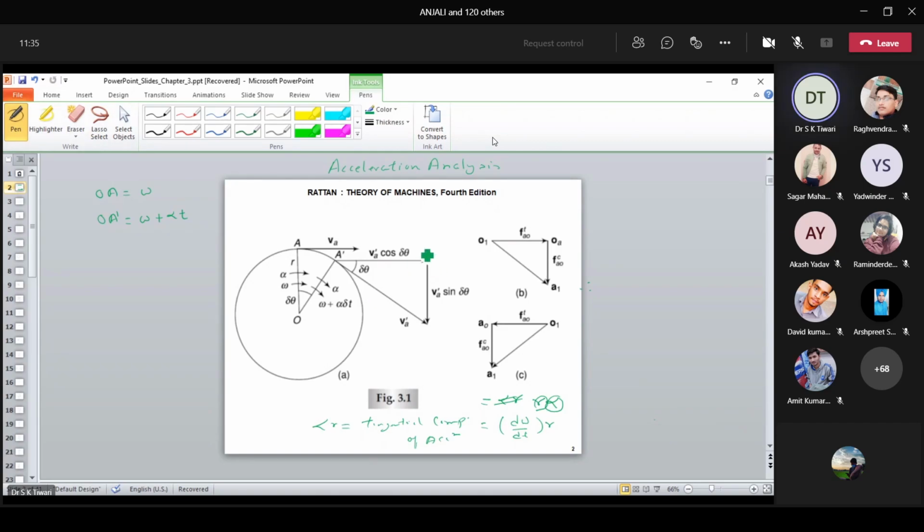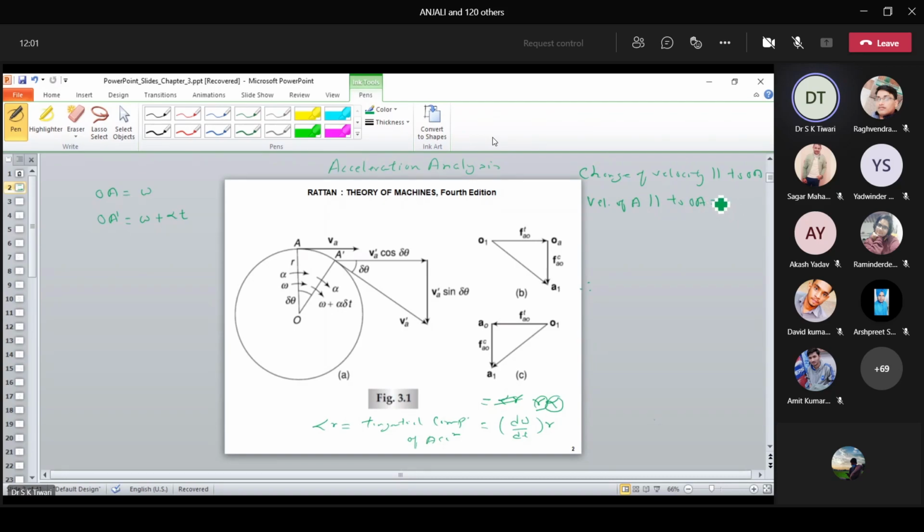The second is the change of velocity parallel to OA. Now, what is the velocity of A parallel to OA?